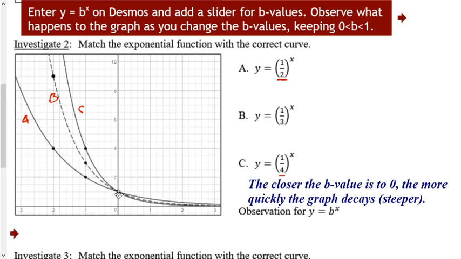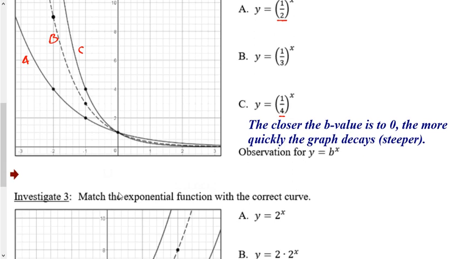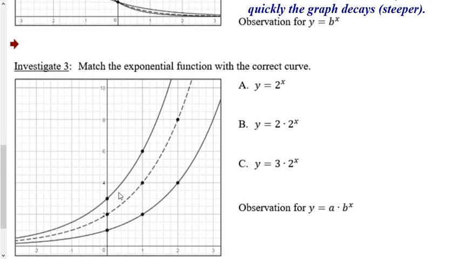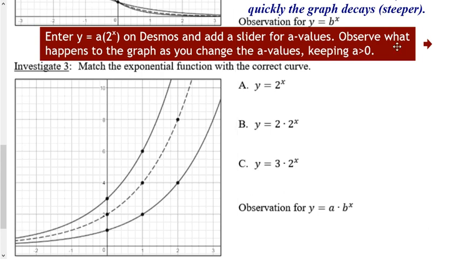Well, let's look ahead to investigation 3. Once again, we'll make use of Desmos, but now we need to change something. We're going to use a base of 2. So you'll replace the b with a 2, and then you're going to put an a value in front of it. And this a value is what you're going to make a slider for. We're going to keep the a value positive, and again, as you drag that slider left and right for the a value, what happens to your graph?